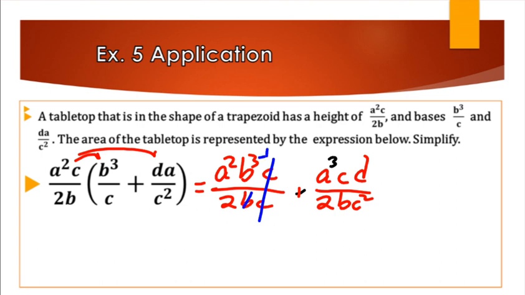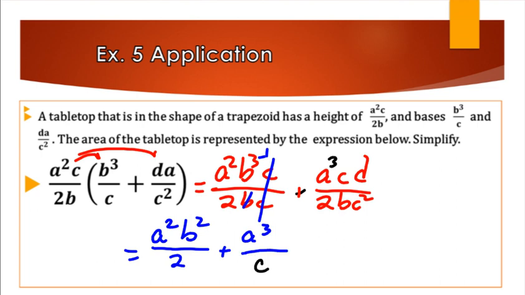That leaves me with a squared b squared over 2 plus a cubed, c1 divided by c squared, so that's going to be c to the negative first, so c has to go in the denominator.